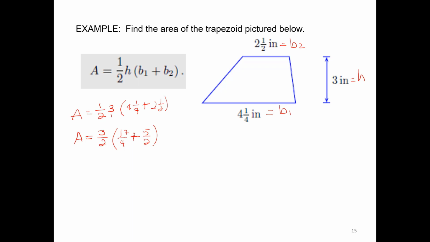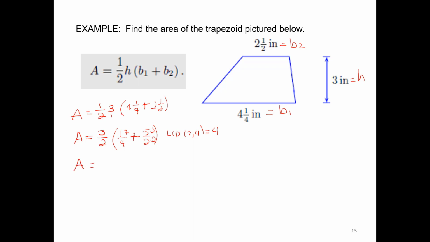Then we need to add these two fractions together, but they don't have a common denominator. The LCD of 2 and 4 is 4, and we need to multiply this by 2 to get 4 as the denominator.